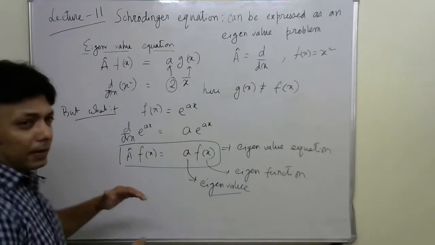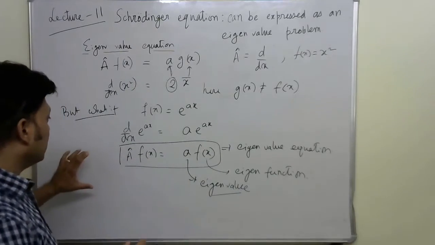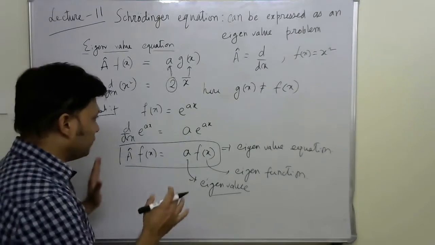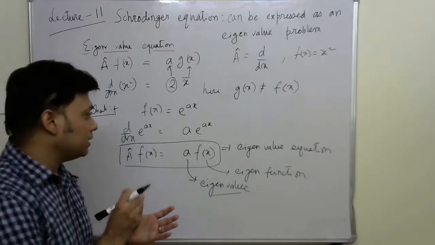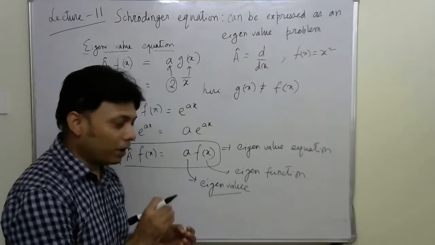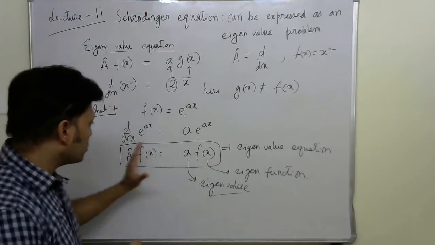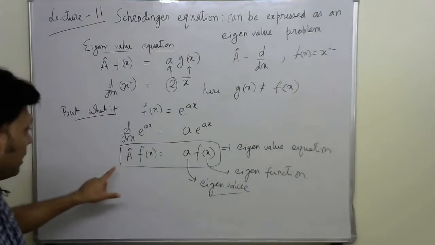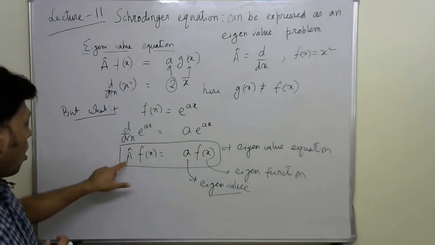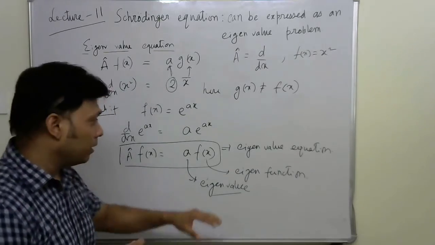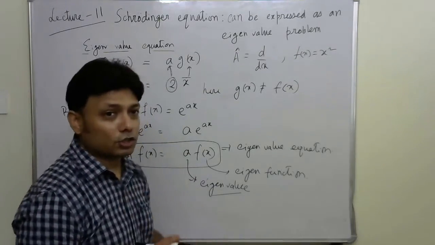And when this condition happens, we say that the system has achieved an eigenstate, or the system is in eigenstate. So whenever a system is in eigenstate, we can express any related equation like this: some operator operating on a function is equal to some constant value times the function.